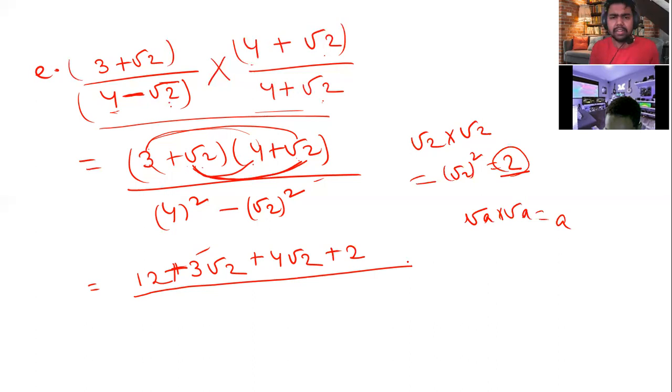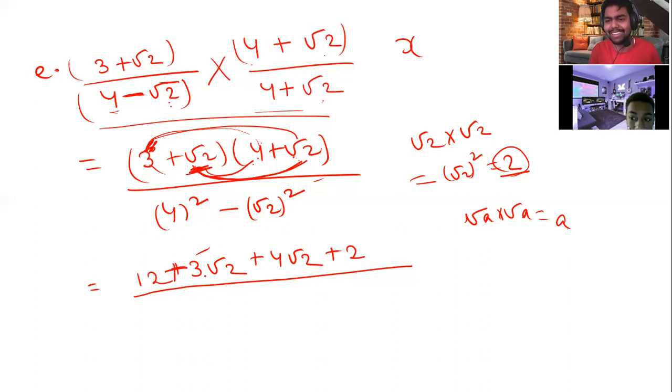See, it's an algebraic thing, okay? First of all, multiply this thing with this also and this also, then this thing also with this and this, like that. Same as algebra, no difference. And here, see, solve the denominator. 4 square is, are you looking at your mobile phone?